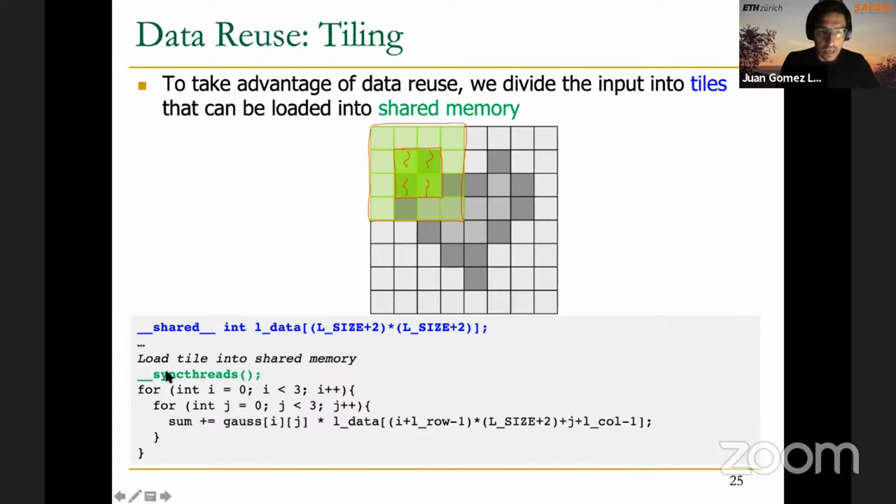At some point in cycle 0, we will have warp 0 reaching this point, and then a few cycles later, we will have warp 1, and so on. If we don't use this sync threads, the problem is that parts of the tile will be loaded, and other parts of the tile won't be loaded when some particular warp, for example, warp 0, starts computing here. So if we want to make sure that all warps of the block were done with this load tile into shared memory, we need to synchronize.